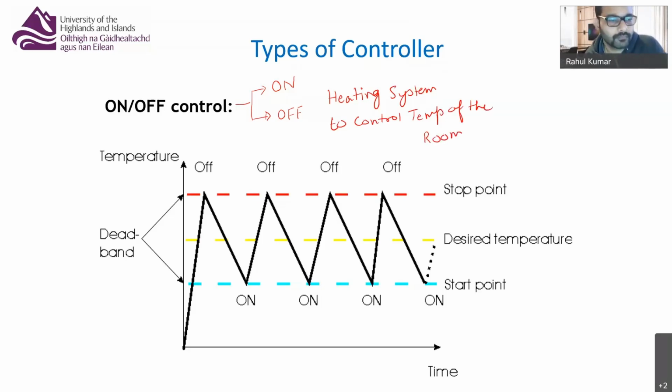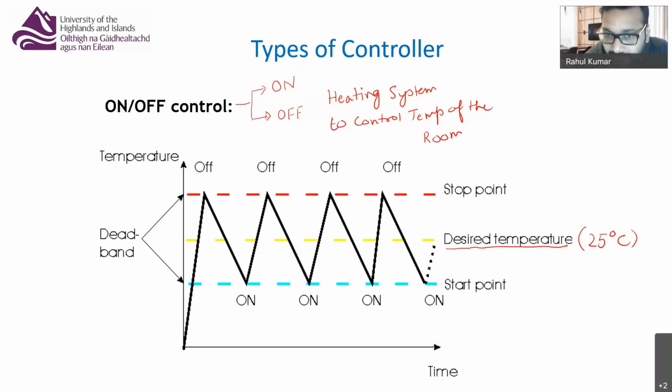So if you have an on-off controller connected to your heating system, what we have to do is first of all select 2 points. Let's say we have to control the temperature of the room around 25 degree centigrade. That is my desired temperature.